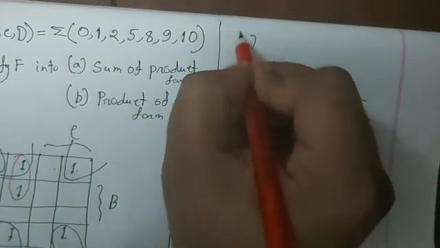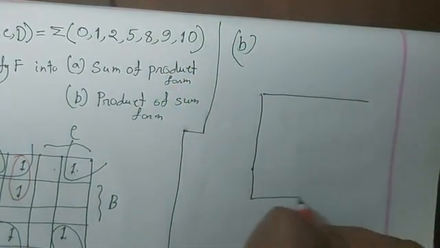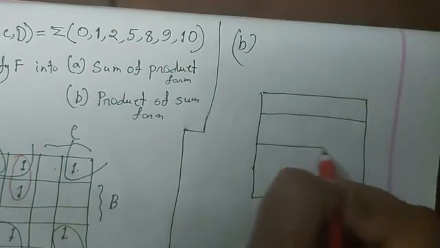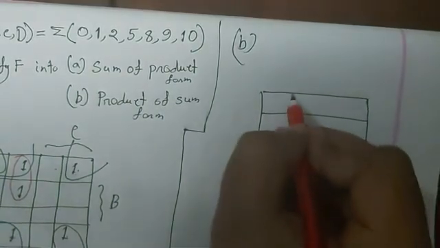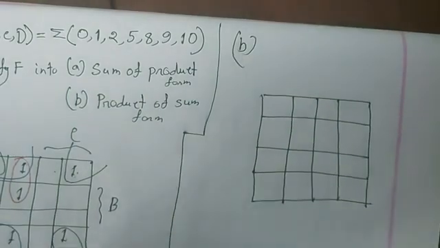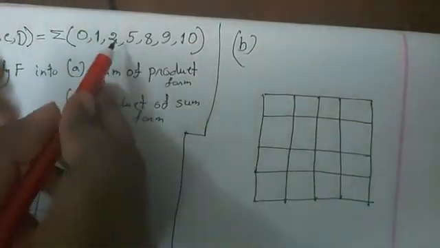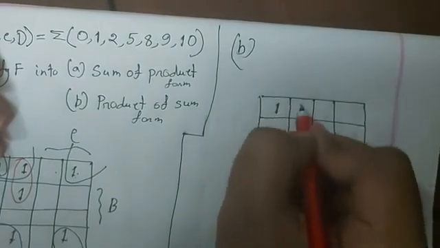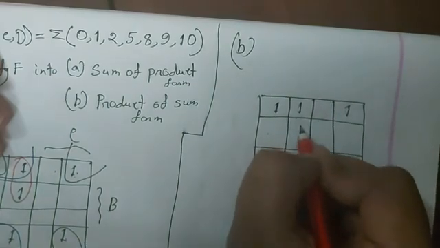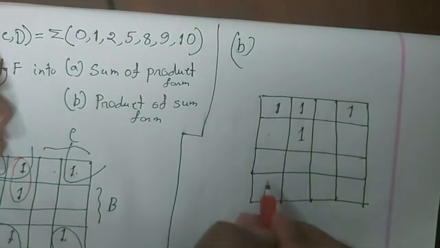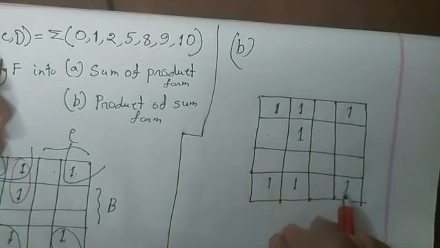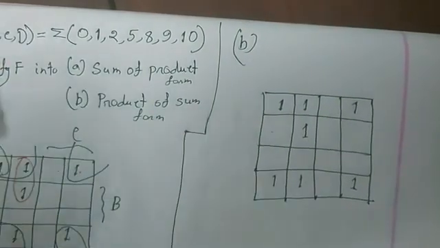This is for number b. The terms given are 0, 1, 2, then 4, 5, then 8, 9 and 10. So these are the min terms.